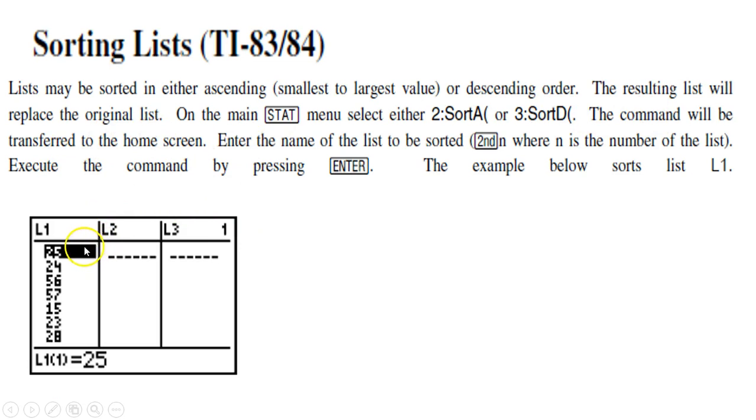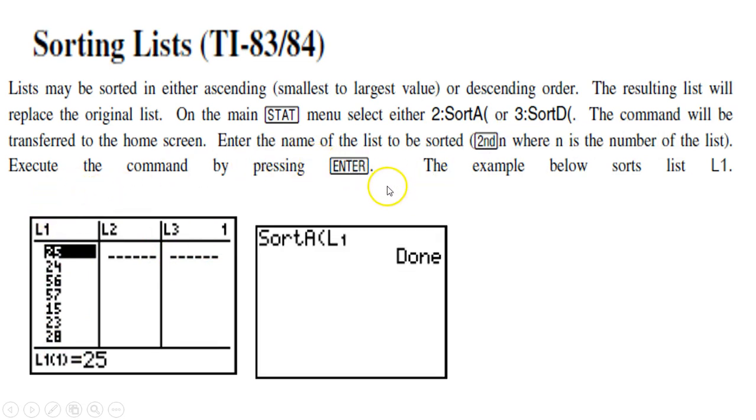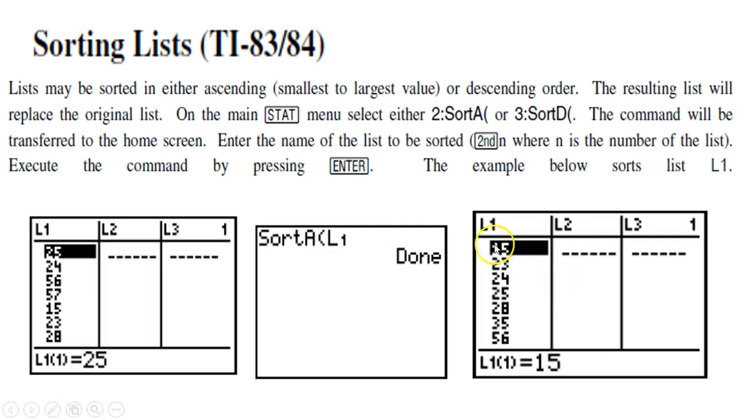So basically, I can press second list, execute command by pressing enter, and it'll sort the list for you. If you go to Stat and you press 2 to sort, the command will then transfer that to the home screen, and you can just type in what you want to sort. And it'll sort it for you, and now that same list is in order over here.